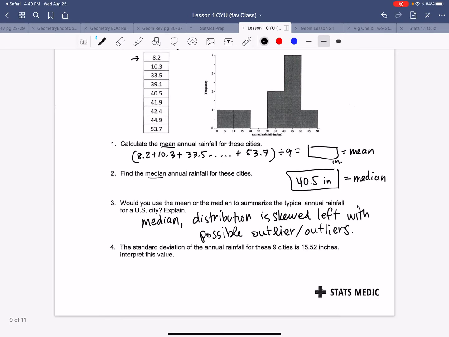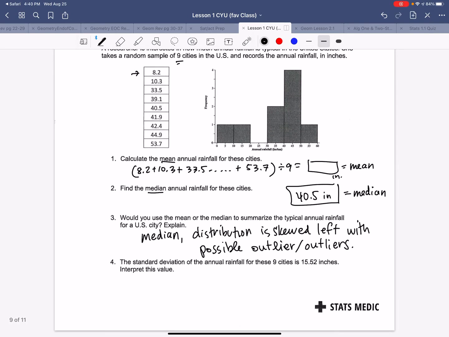Now it says, what is the standard deviation of these 9 cities? And here's the most important part that maybe you missed. What does this mean?